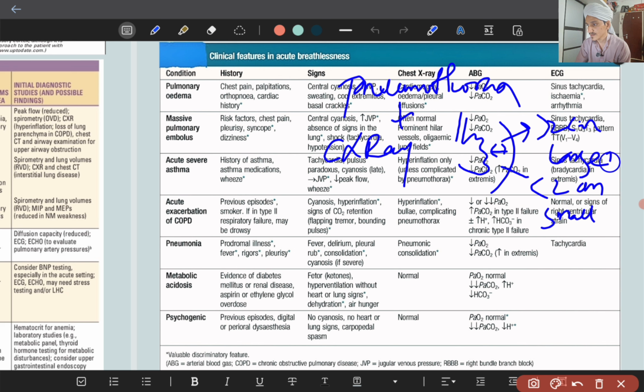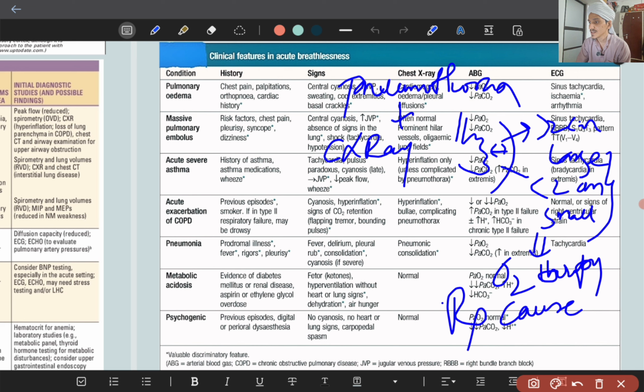These two will resolve on their own. They will require only oxygen therapy for some days and treatment of the cause.